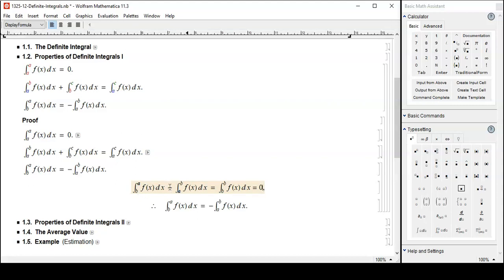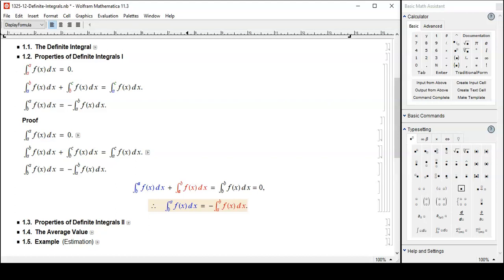So I get integral from B to B using the second property. But then again, integral from B to B is 0 by the first property. In other words, this one which I highlighted in blue, and the second one which I highlighted in red, add up to 0. So flipping red to the other side, we get blue is negative of red.